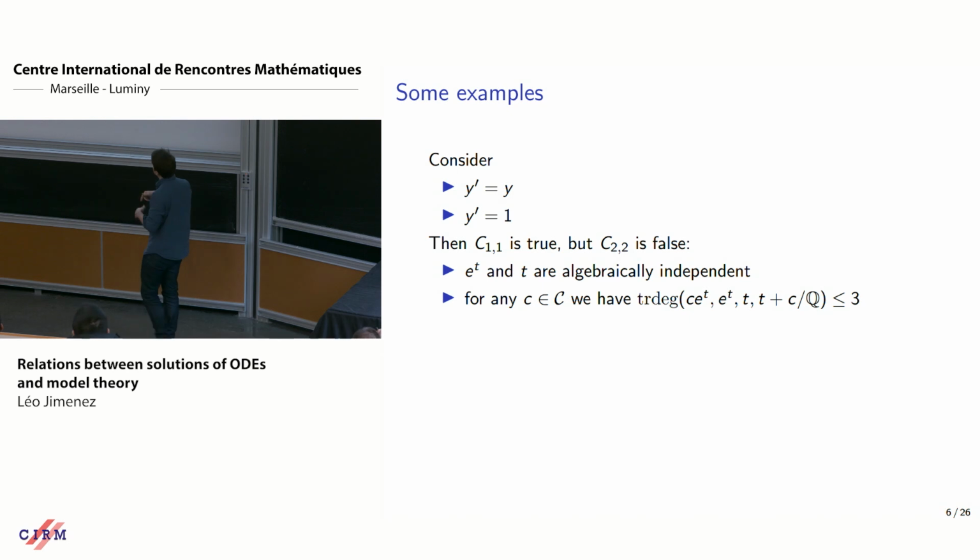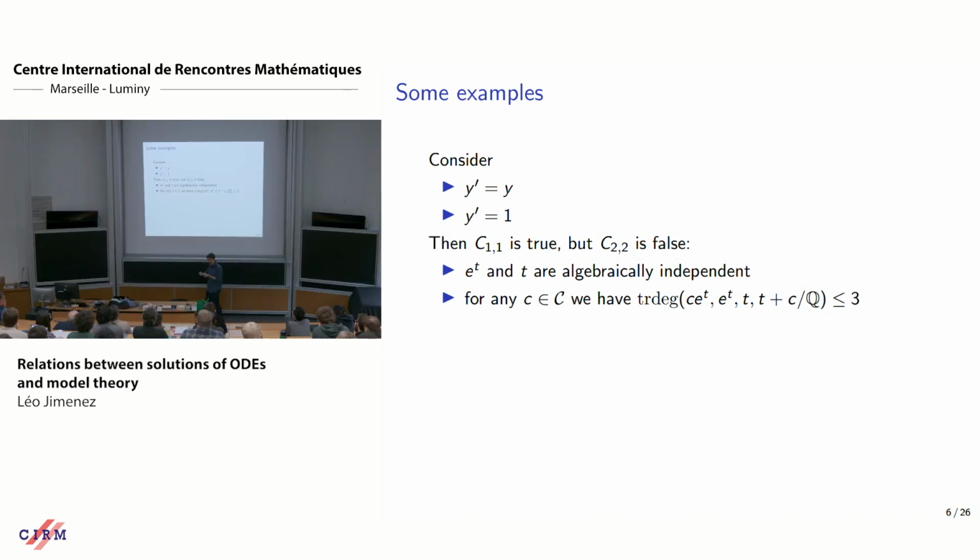But of course, C_22 is false, because if I take any constant c, then the transcendence degree of these two pairs of generic solutions is less than 3. So the transcendence degree drops here, but we need two solutions to see it. It doesn't work with just one. Just to show that it's really an interesting thing, it's not always just one.